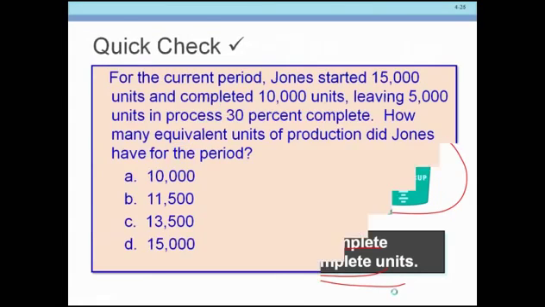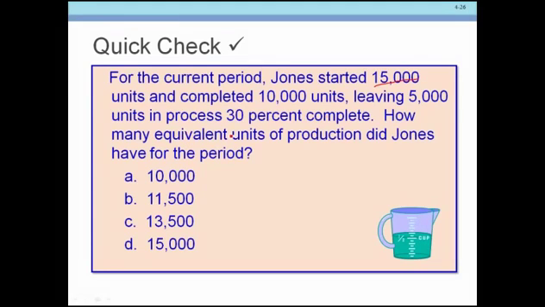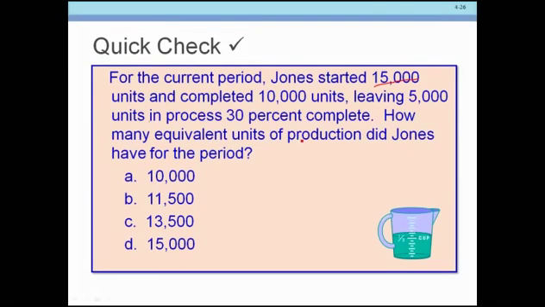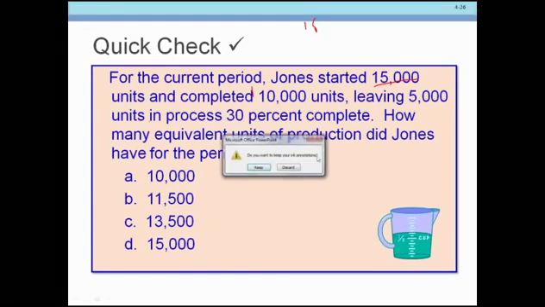Okay. Let's look at this exercise. Quick check. For the current period, Jones started 15,000 units and completed 10,000 units. When we say completed 10,000 units, it means it's completed 100% as to material, labor, and overhead. Let me do this on the Excel sheet.